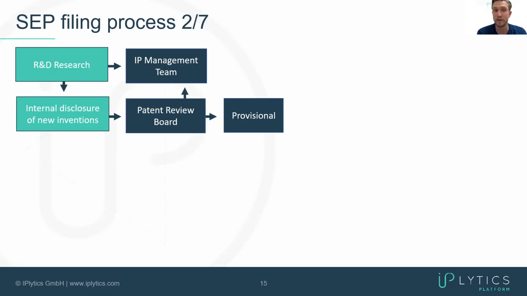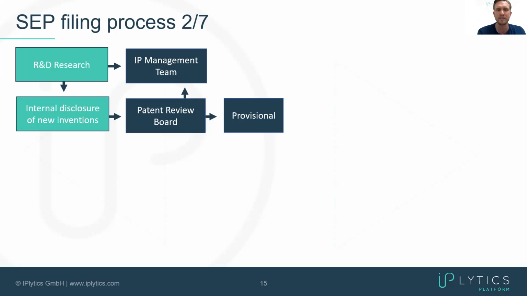Then you have a department, which is typically the corporate IP department, or the IP management team. That department has a so-called patent review board. They get presented new inventions from R&D, and they decide if those inventions are good enough to be patented, if there's an inventive step to allow filing a patent, or if it's a novel idea.